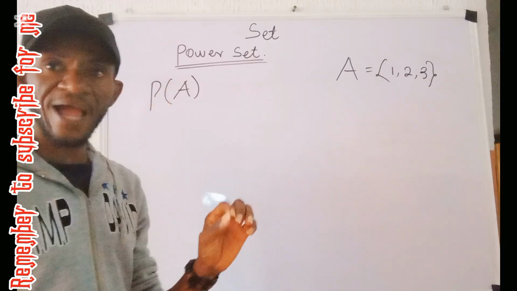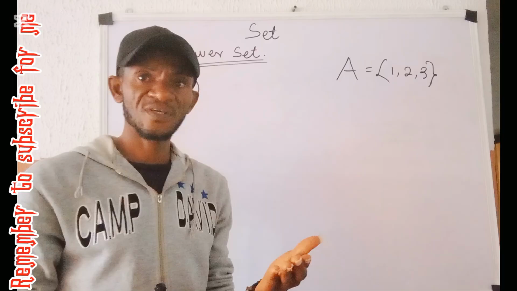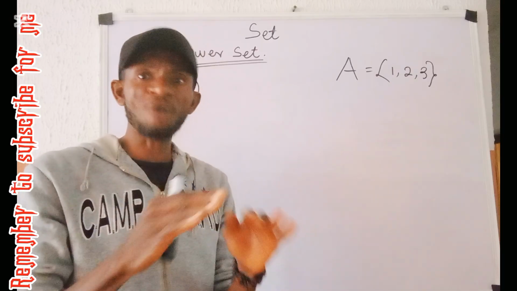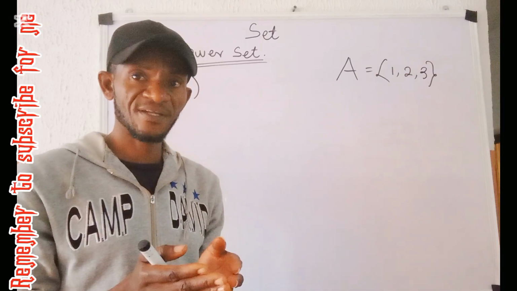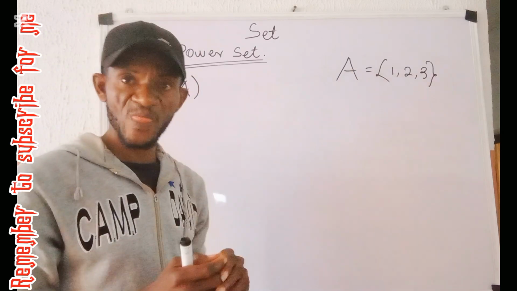So our concern now becomes: how do we determine the number of all possible subsets that can be formed from this set A?